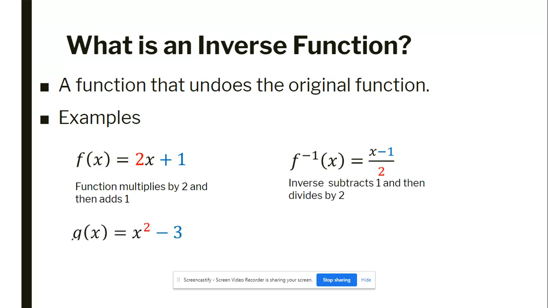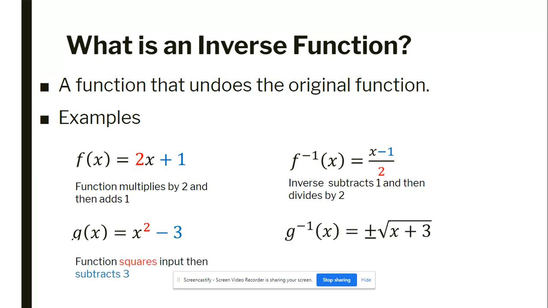Here's another example. In this function g of x, we are squaring x and then subtracting 3. So in the inverse, we're going to be adding 3 and taking the square root. Now, I want you to notice these things that look like exponents. That is inverse notation.